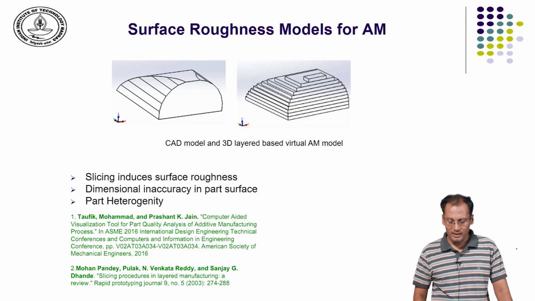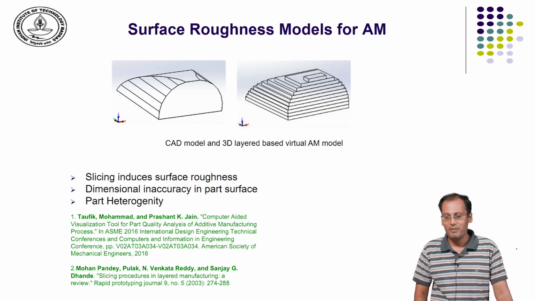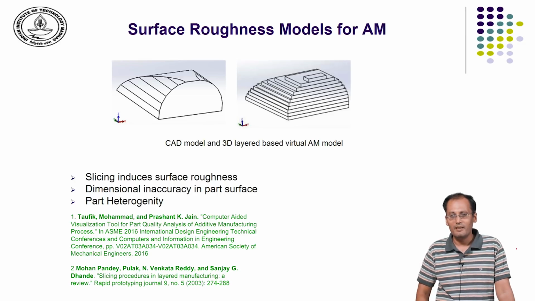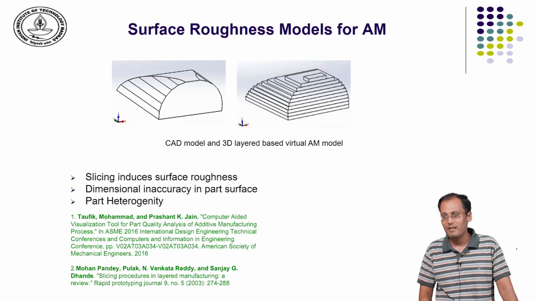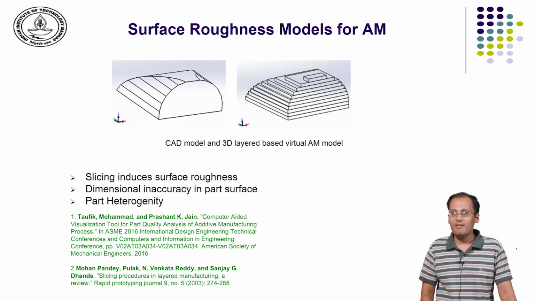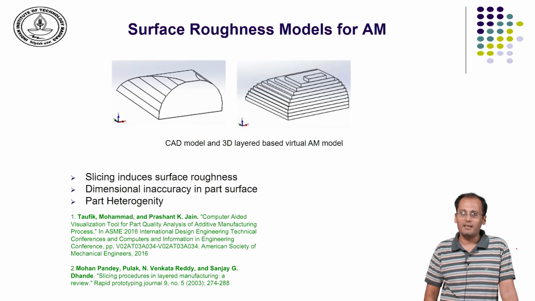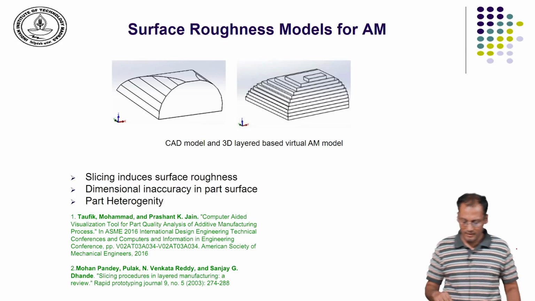One of the traditional ways people looked at design for additive manufacturing was the quality of the parts that were made by additive manufacturing. Since we are making the parts by stacking together layers, there is a discontinuity in the build direction as seen in this picture.